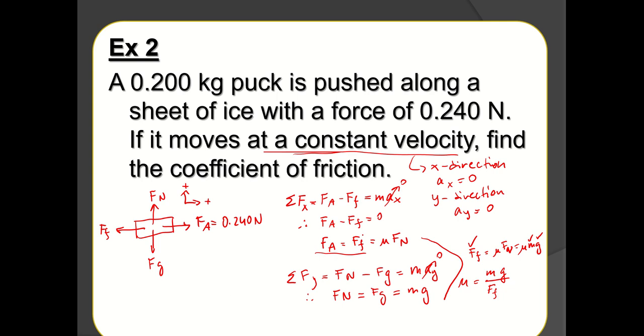And again, because Fa equals Ff, I should have used the Fa there, but that's okay. Let me rewrite it one more time. All right, so there you go. We got our mu equal to... I made a mistake. Let me fix that. The other way around. Mu is going to be equal to Ff divided by mg.